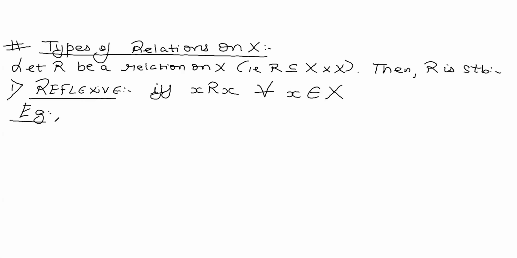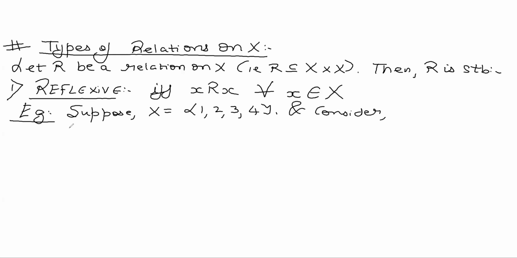Example, suppose X is equal to {1, 2, 3, 4} and consider the relation R1 as the set of (1,1), (2,2), (3,3), (4,4).